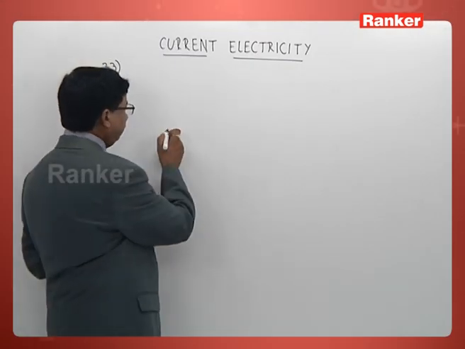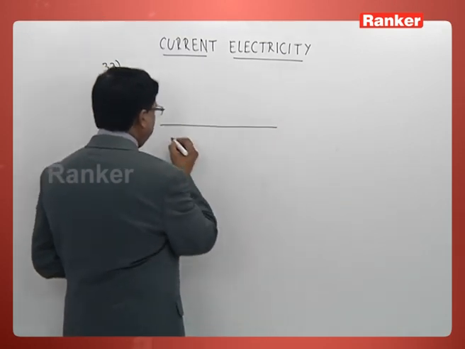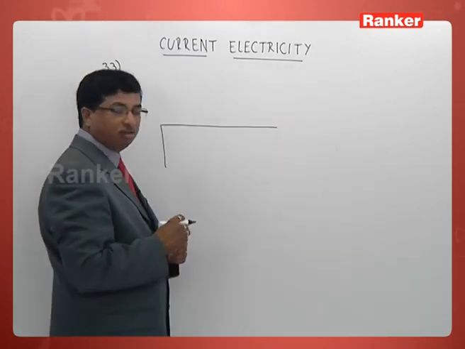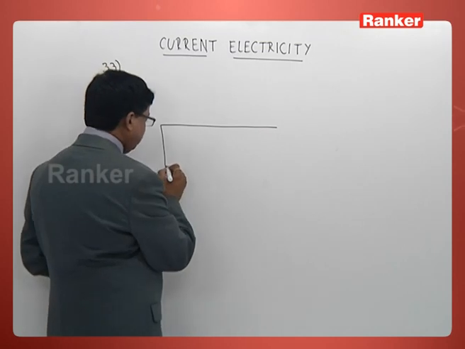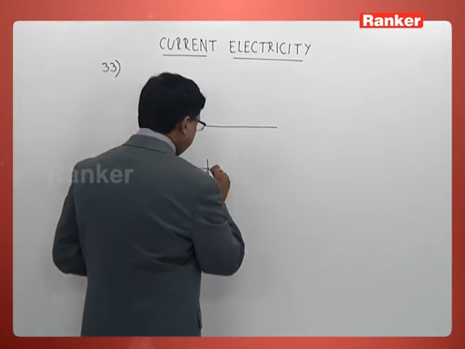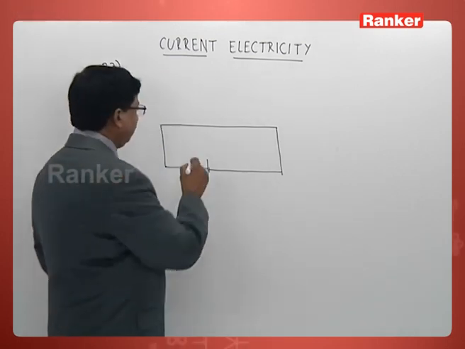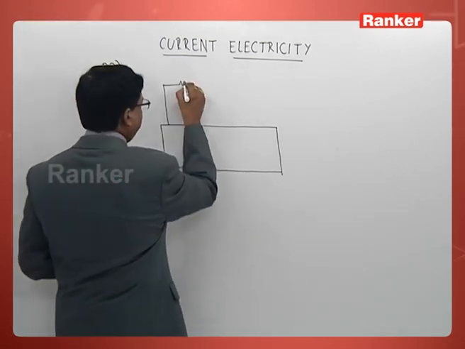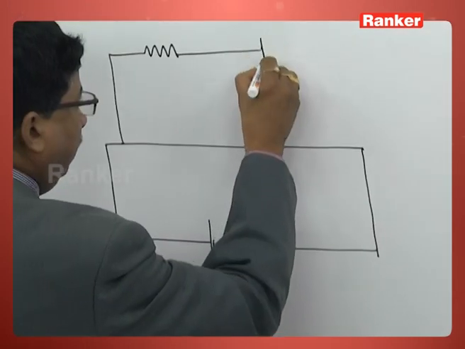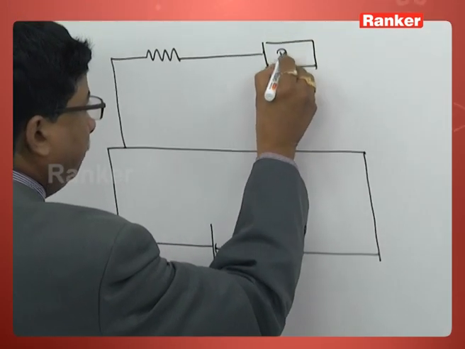If you look at this, this is what has been mentioned as the meter bridge. Look at this one, the case. There is a resistor over here, there is a resistance box over here.